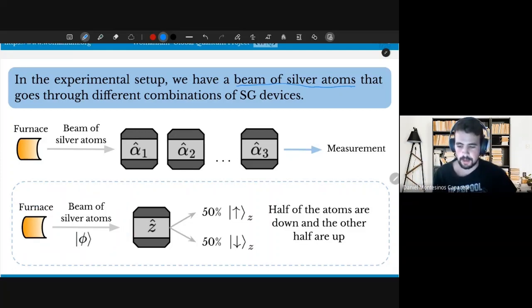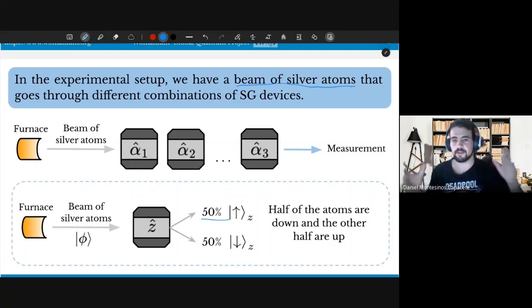So at the end, basically what you get is a mix of up and down, like a random mix, right? Some particles are up, other particles are down, because you don't have control over the particles that get out of the furnace. So every time that you measure, for example, here we are measuring on the set direction, we are going to get 50% up, I mean, half of the particles are going to have the spin up, and the other half is going to be the spin down.